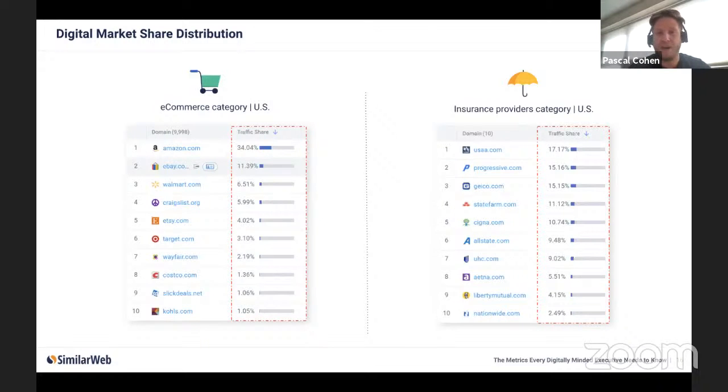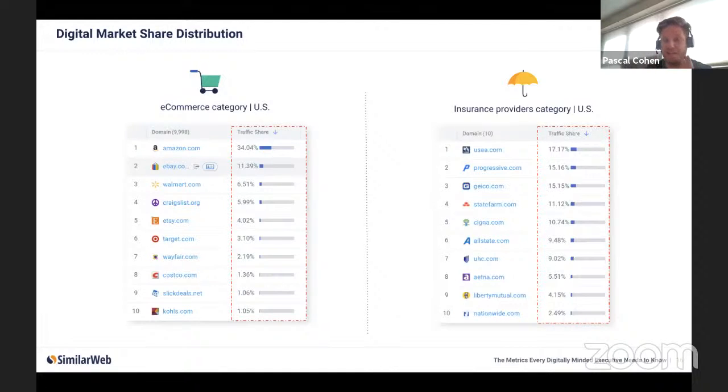On the right side, you can see that the category is much more fragmented, and this is exactly what I wanted to show you. One of the insights that is super important is understanding the fragmentation of the market, because this will drive your strategy. If I want to go into a market, I want to see if the competition is spread across all providers, or if there are one or two players dominating the market, in which case it will be really difficult for me to penetrate the market and gain visibility and traffic share.